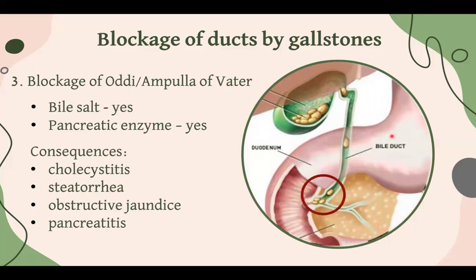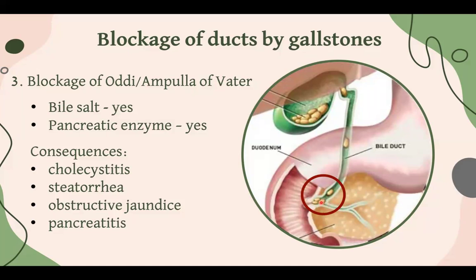Now when we have gallstones obstructing the sphincter of Oddi, would you have bile salts getting secreted? What do you think? No. Would we have pancreatic enzymes being secreted? No. So it affects both bile salt and pancreatic enzyme secretion.